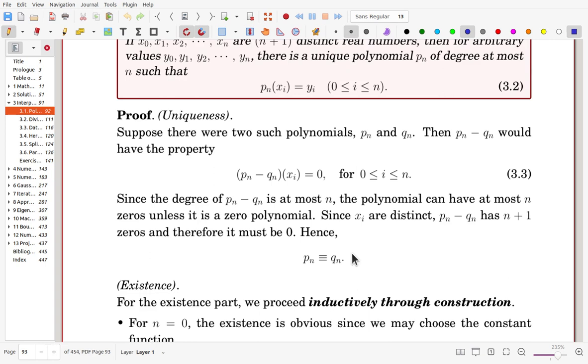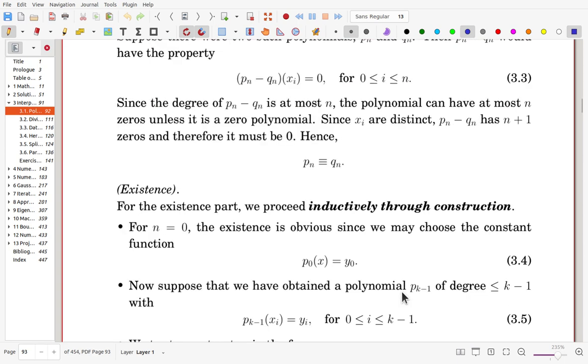But for existence, sometimes very complicated. When you construct the function required in the theory, then you can prove existence. Here, we'll try to construct nth order polynomial satisfying that equation. So we proceed inductively through construction.